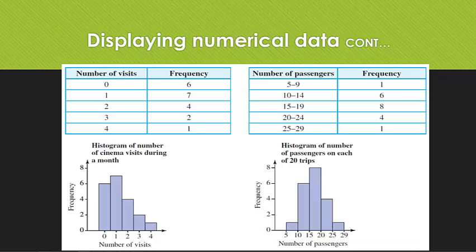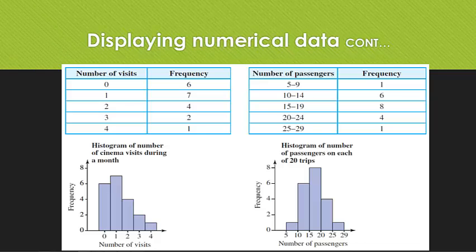On the left-hand side here, we've got some discrete data. We're just counting the number of visits someone has made to a particular landmark. We can see there were 6 people who made 0 visits, there were 7 people who made 1 visit, and so on down the table. Below that we can see our histogram, and it's actually visiting a cinema during a month.